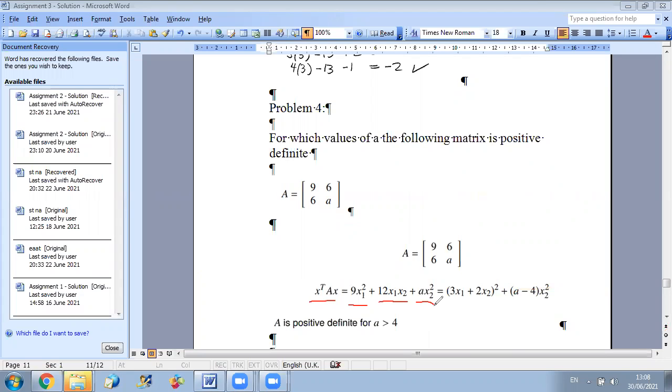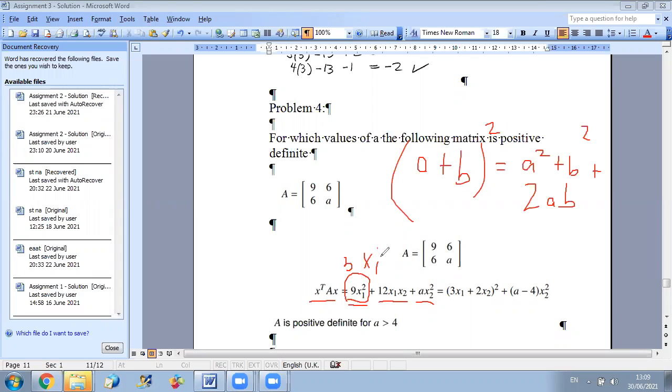In general, to determine for which condition it is positive, it is good to try to write it as a summation of squares. Okay, how to do this? You know that a plus b squared is equal to a squared plus b squared plus 2ab. So if you look at your terms, you have 9x1 squared, which is 3x1 squared.